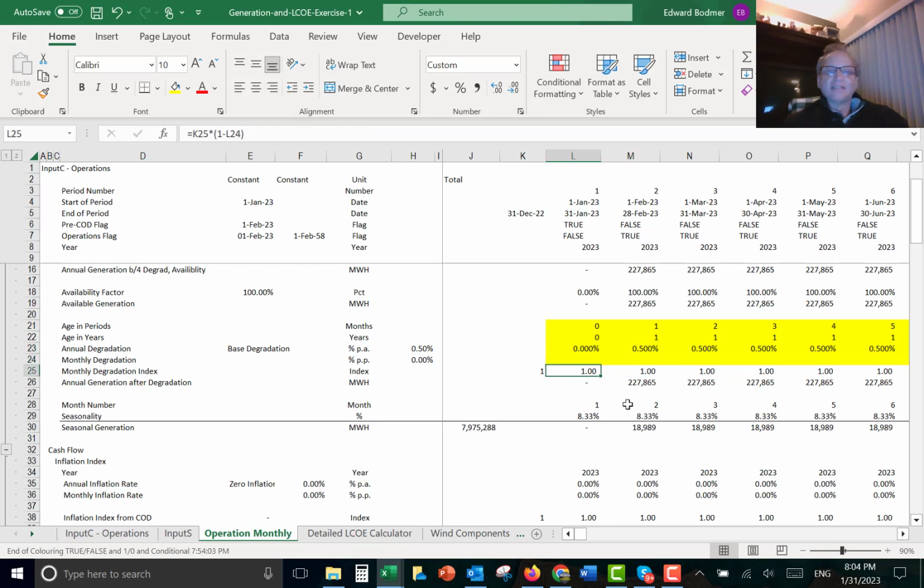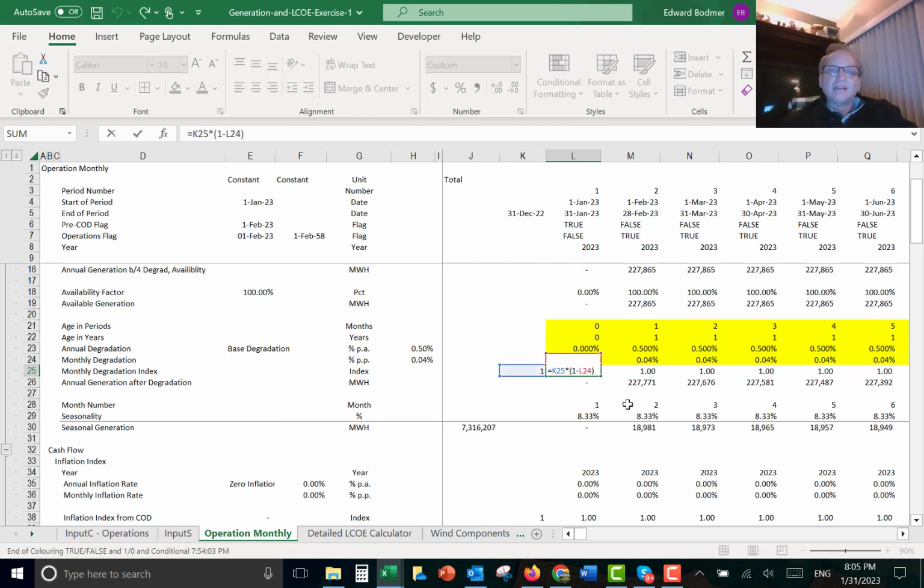I'm going to do that, and then we can get our monthly degradation, just like we do other things that are going to sum up to 1. Whenever you do that, you better put 1 divided by 12 or months minus 1. You notice I'm too lazy to find my little thing. Then we make an index, just like an inflation index. I kind of cheated here.